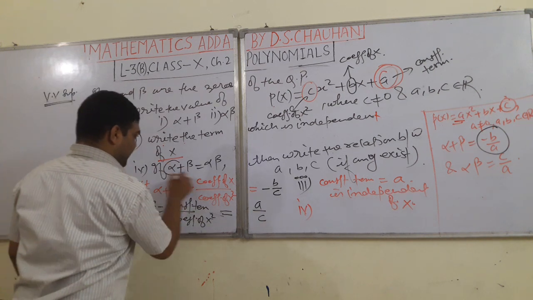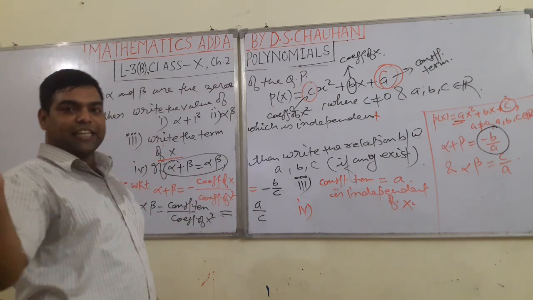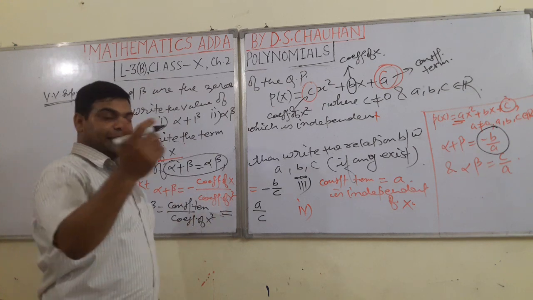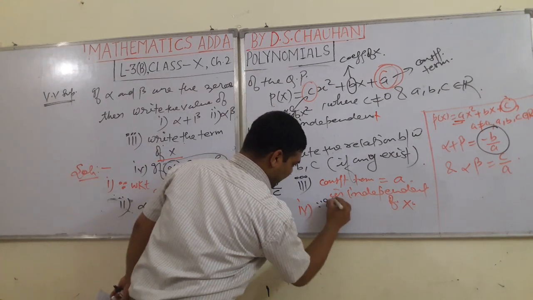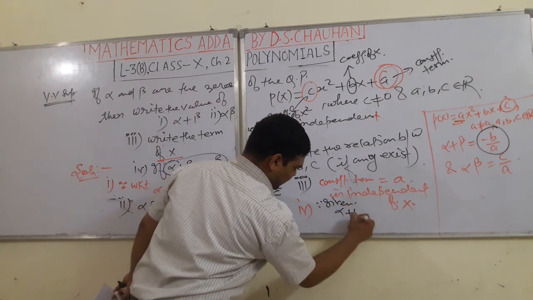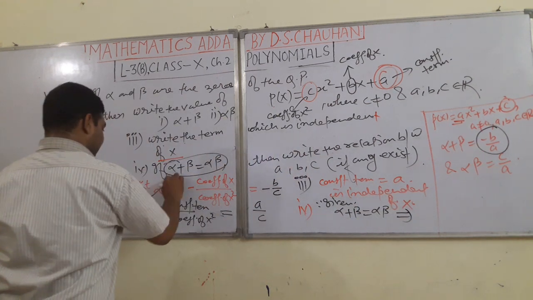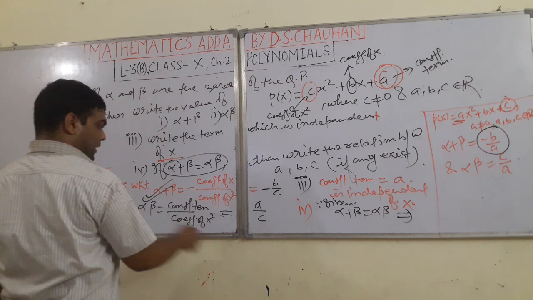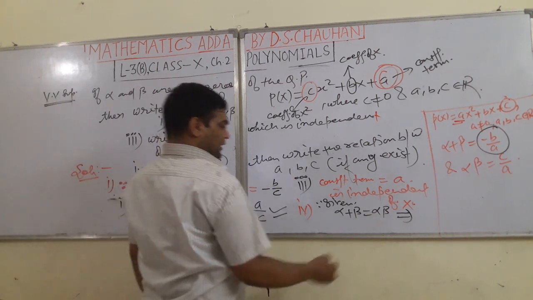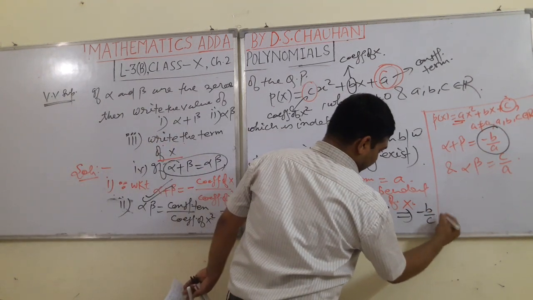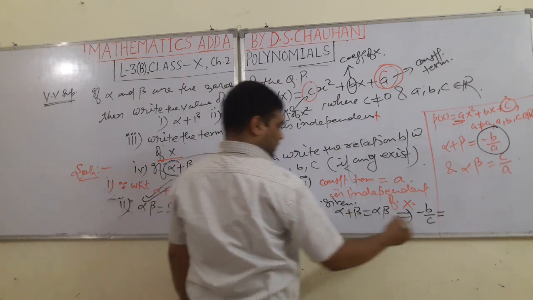Now students, the next one, the fourth one, try to understand. If alpha plus beta equals alpha beta, what is the relation between a, b and c? Since alpha plus beta equals alpha beta, alpha plus beta is minus b upon c, and alpha beta is a upon c.